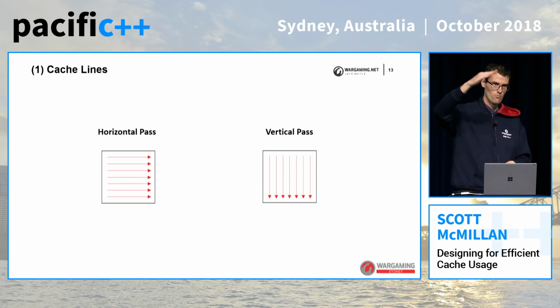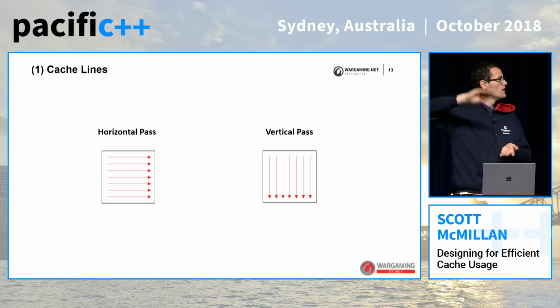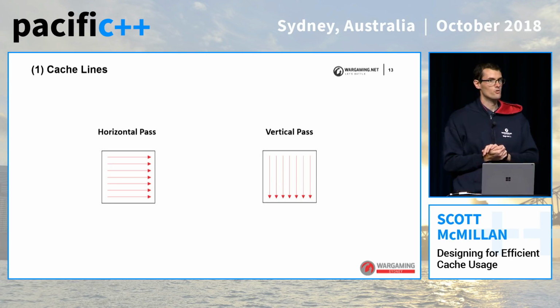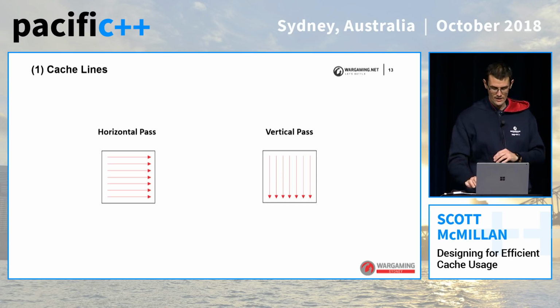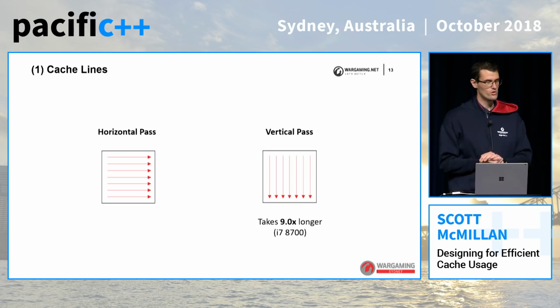So as we go down the column, those have got to be fetched into our cache, and by the time we loop around back to the top, because of the stride through the data and the dimensions of the image, it's at least going to have been evicted from level 1 and level 2 cache. And what we see is that the vertical pass written like this was 9.0 times slower on my test machine.